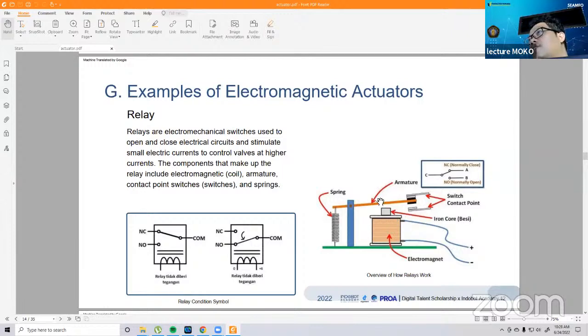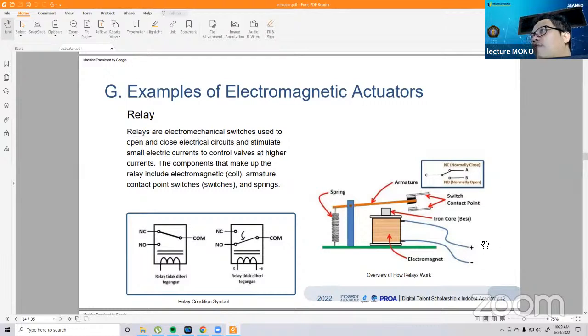But we don't need to push by our finger, we push this armature, this iron, by using an electromagnetic coil. This position, minus and plus, will be connected to our microcontroller or our electronic development board that we already talked about yesterday.